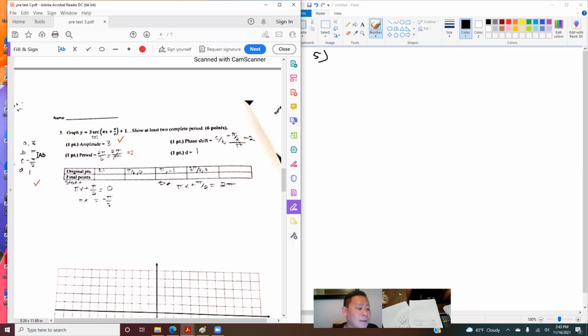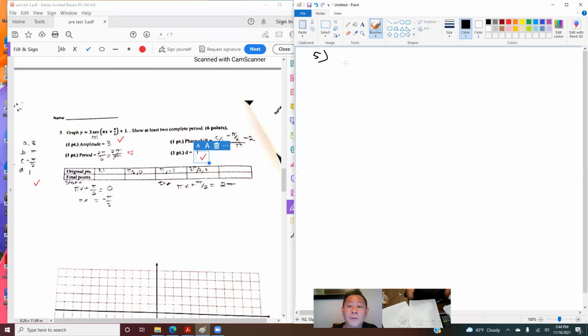Phase shift is this over that, -pi. This is not -2. Oh, I had a brain fart. So when you do your phase shift, it is -pi over 2 over pi, right? Yep.